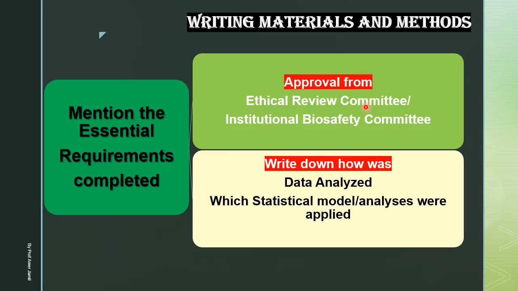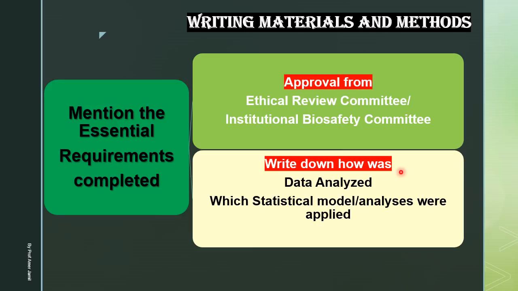And if you're working on some GMOs or some transgenic animals or plants, so you have to take permission from the institutional biosafety committee at the time of synopsis, and you should mention it in the materials and methods chapter.